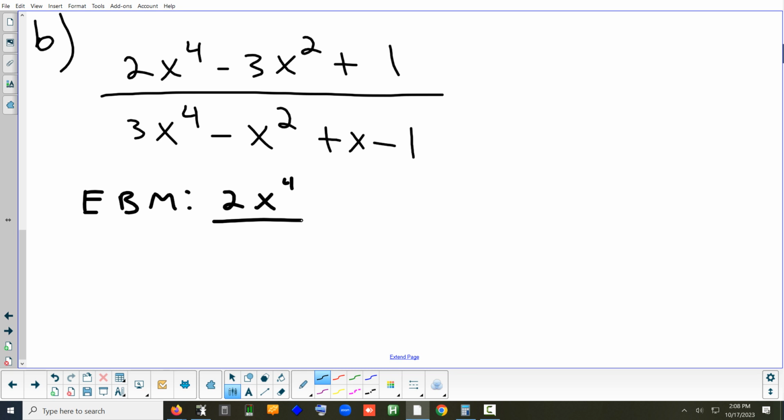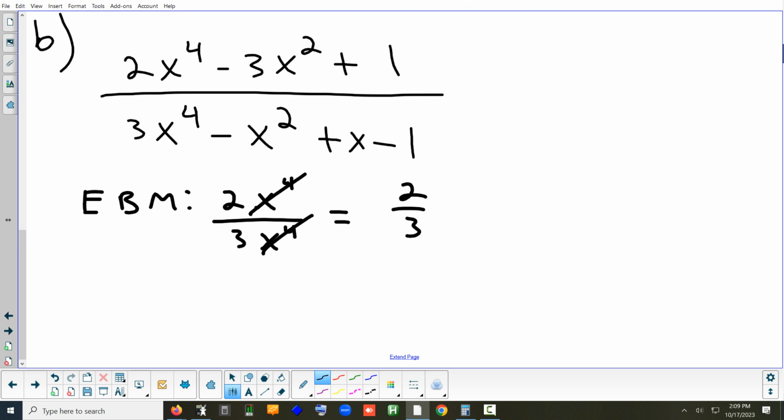What's the highest degree term there? 3x to the power 4. Now, you don't want to leave the EBM like that. You want to simplify it. So, what cancels out here? You have 4 x's in the top, 4 x's in the bottom. They all cancel out. And what are you left with for an EBM? 2 over 3.